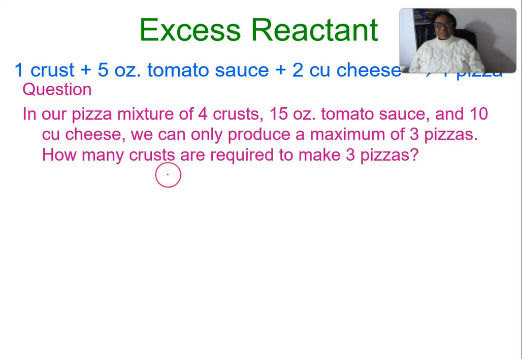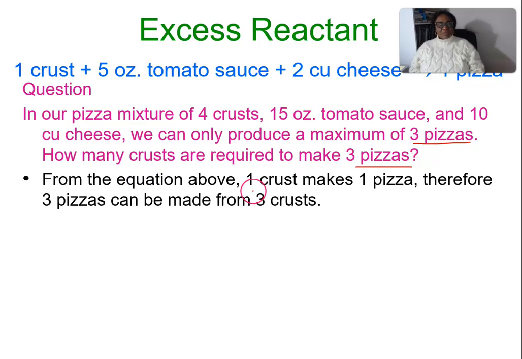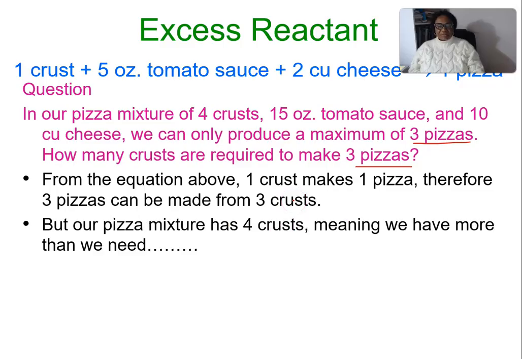Excess reagent. So in our pizza mixture, 4 crusts, 15 ounces of tomato sauce, and 10 cups of cheese, we can only produce 3 pizzas. How many crusts are required to make 3 pizzas? From the equation, 1 crust makes 1 pizza, therefore 3 pizzas can be made from 3 crusts.